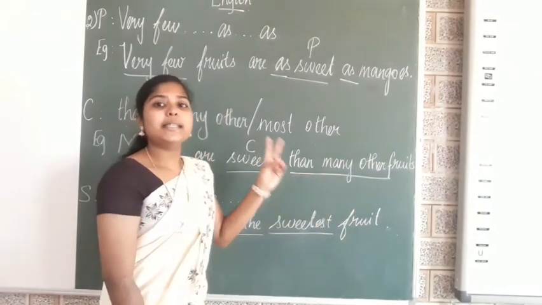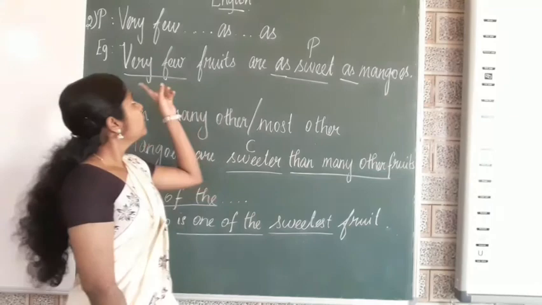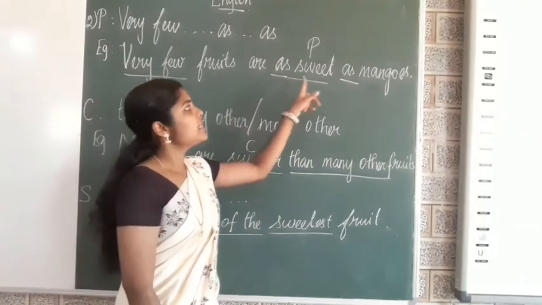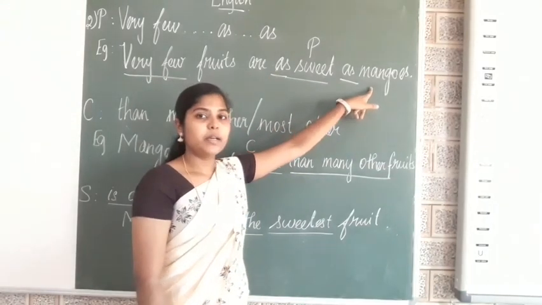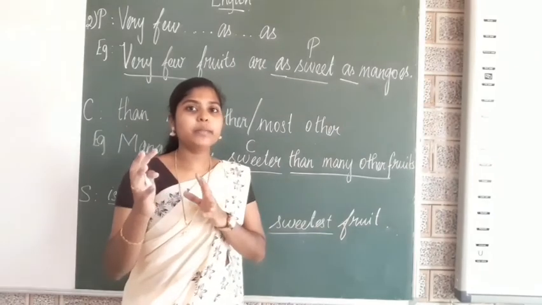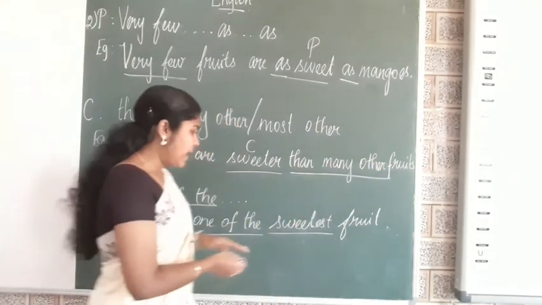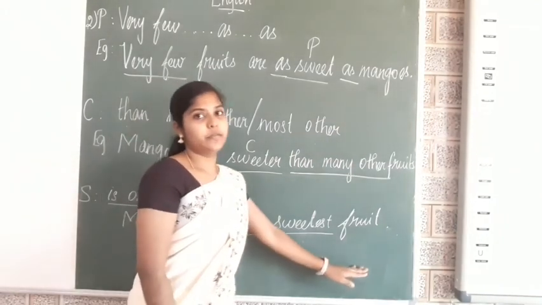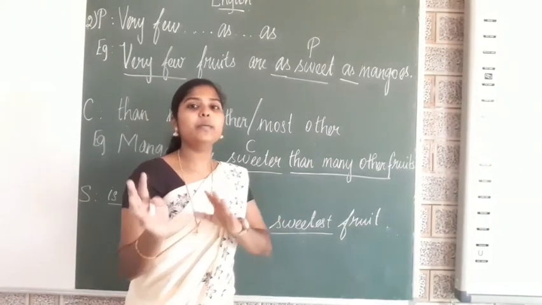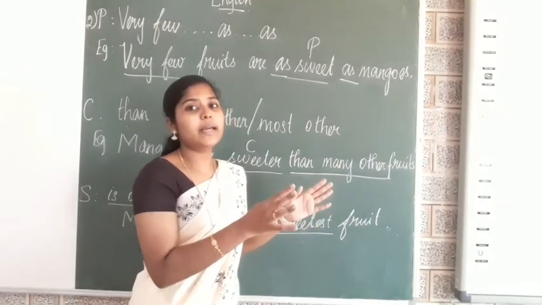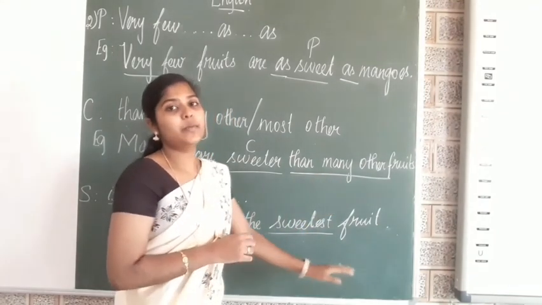If we use the second rule, that is, no other fruit is as sweet as mangoes, here we are comparing mango with the rest of the fruits. So we can write mango is the sweetest fruit.